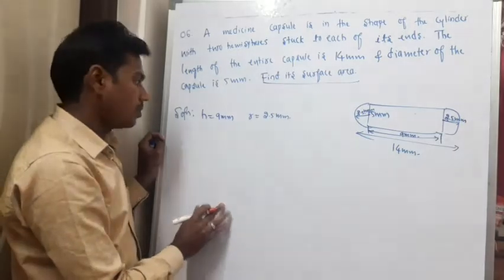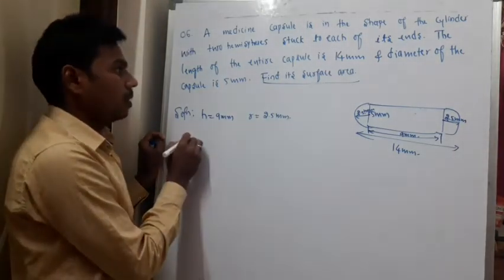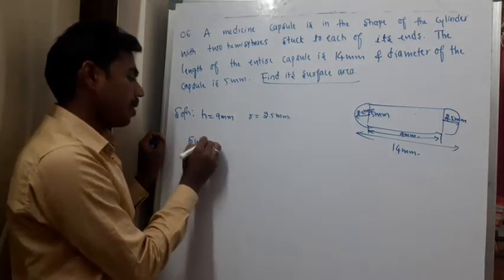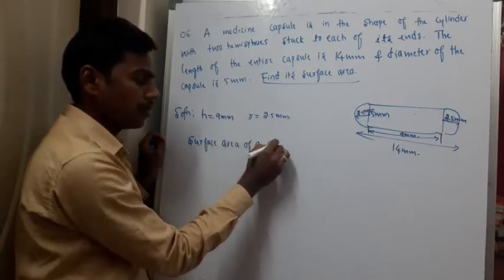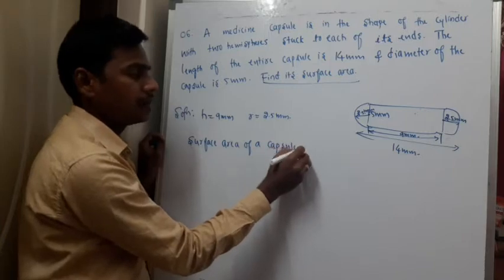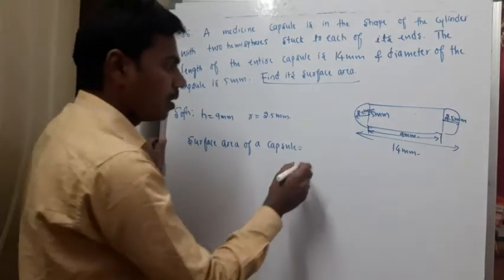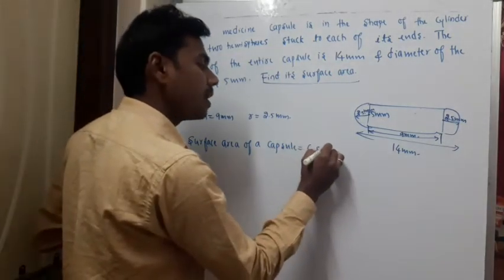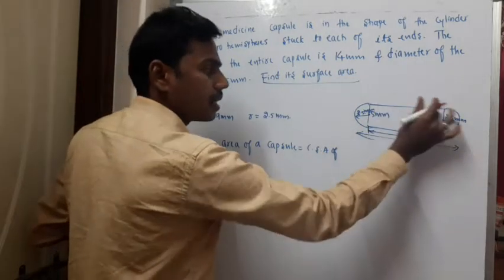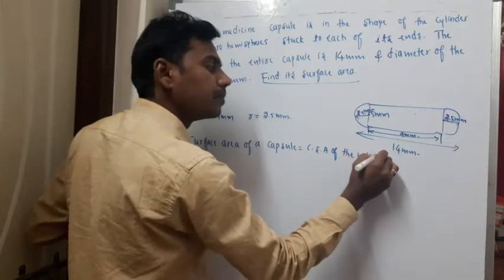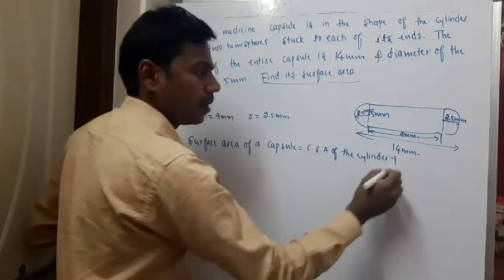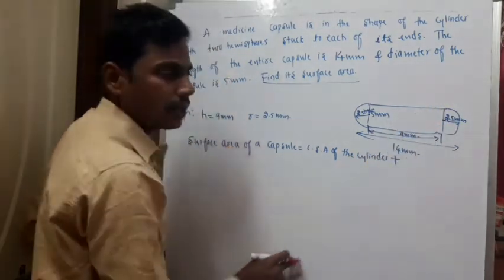Now, the surface area of a capsule is equal to the curved surface area of the cylinder plus the curved surface area of the two hemispheres.